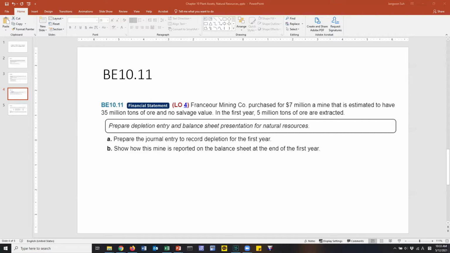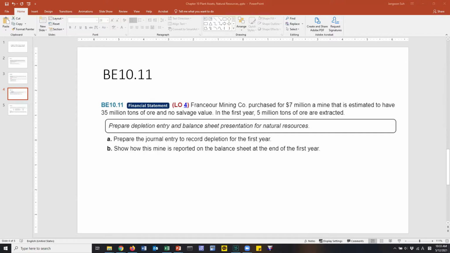You are a mining company, you extracted ores. That's what depletion means, right? As a result of depletion, you have ores to sell, right? So as a result of depletion, instead of expensing it, you are having an increase in inventory, the ores ready to be sold, right?